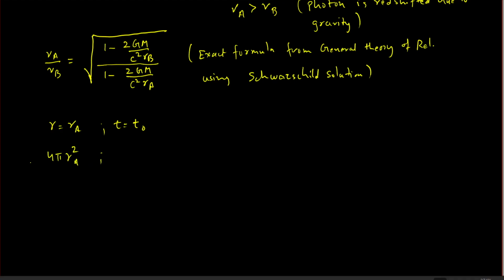So if we denote this area as A, then RA will be the square root of A divided by 4 pi.